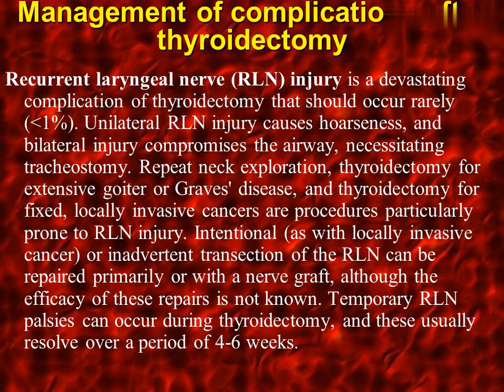Intentional, as with locally invasive cancer, or inadvertent transection of the RLN can be repaired primarily or with a nerve graft, although the efficacy of these repairs is not known. Temporary RLN palsies can occur during thyroidectomy, and these usually resolve over a period of 4 to 6 weeks.